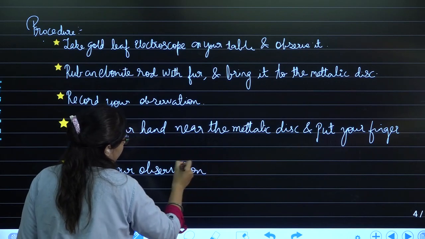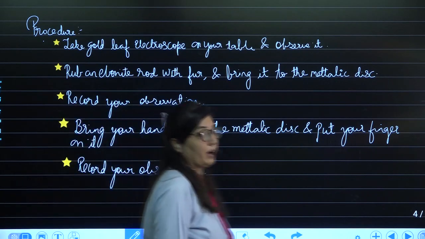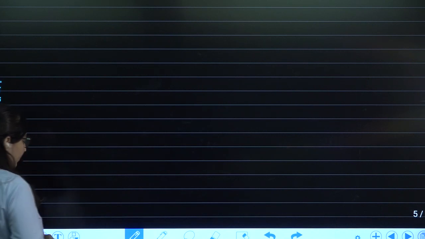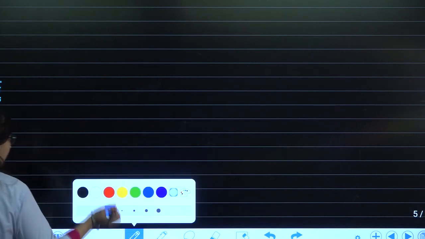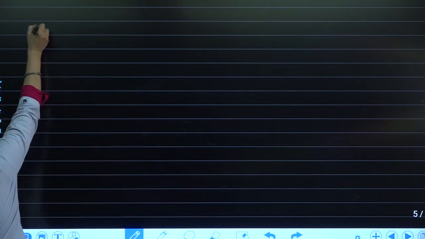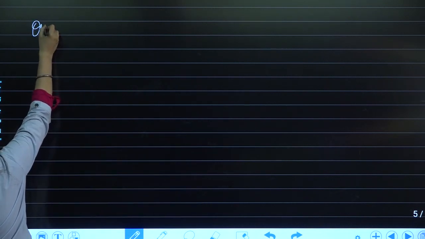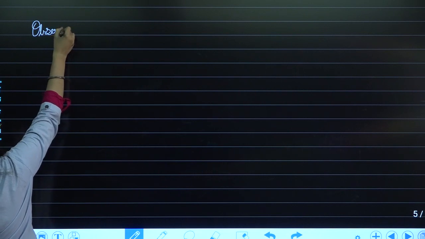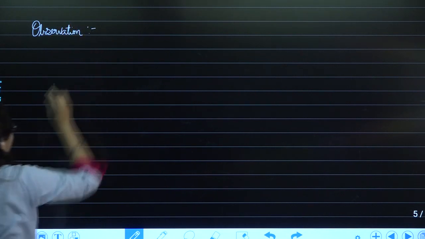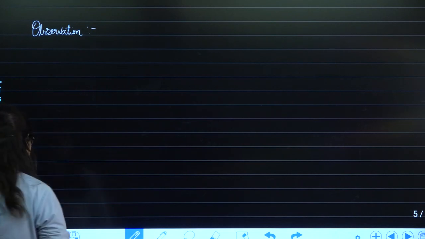What we observed, that is what we studied, that only we have to mention now. So, what we studied? Observation. In the beginning, the gold leaves were at their normal position.